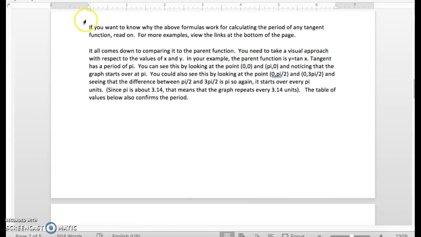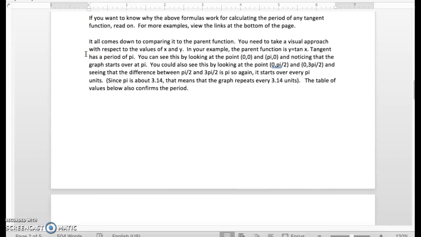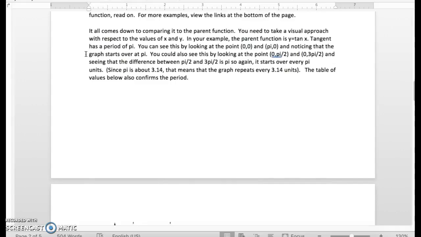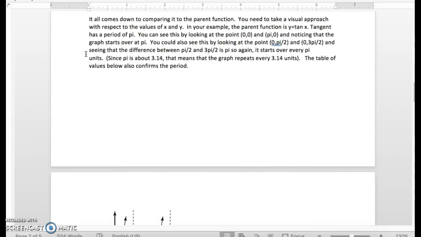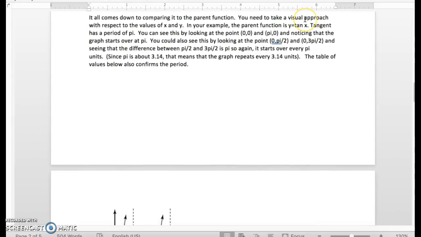If you want to know, though, why the above formulas work for calculating the period of any tangent, let's go over that. So it all comes down to comparing it to the parent function. If you take a visual approach with respect to the values of x and y, remember that the parent function is y equals tangent of x, and tangent has a period of pi.